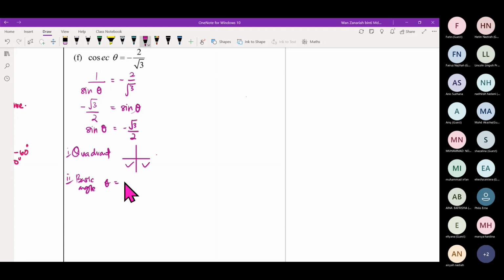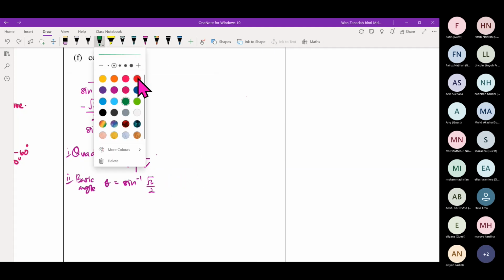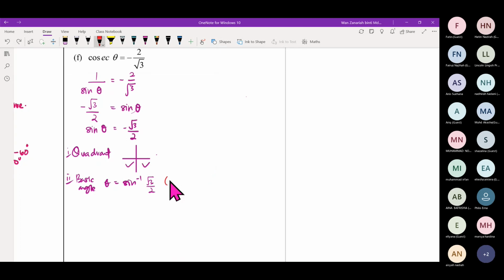Theta equals shift sine. Do you press the negative? No, without the negative. Bear in mind, without the negative.